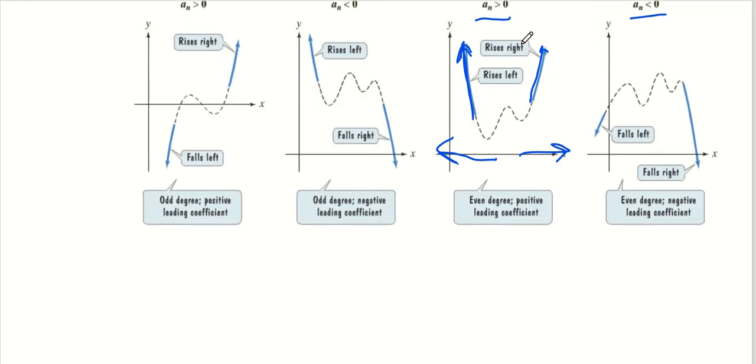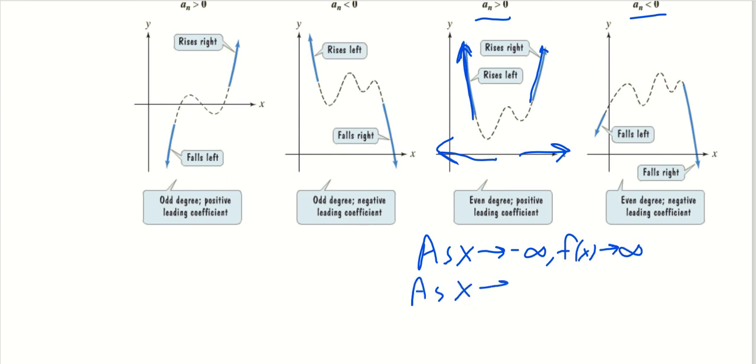Usually we have a notation to describe this. I would explain this graph as follows. We would say that as x approaches negative infinity, f of x approaches positive infinity.